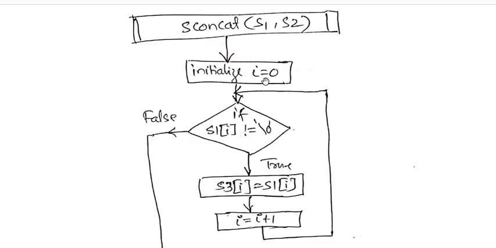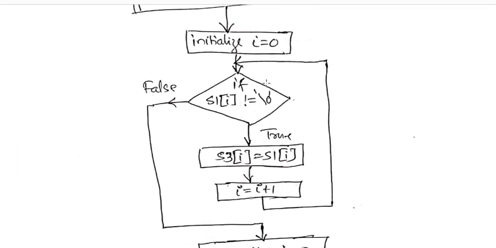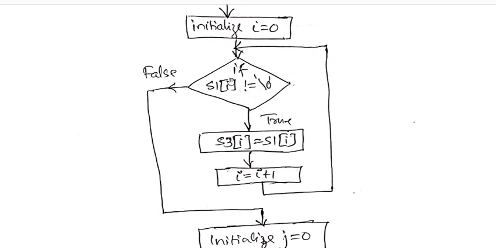So initialize i is equal to 0. We are looping through the first string. We are making sure s1 of i is not equal to null, meaning this character is not equal to null. If it is true, then we will copy s1 into s3: s3 of i is equal to s1 of i. Increment the i value.